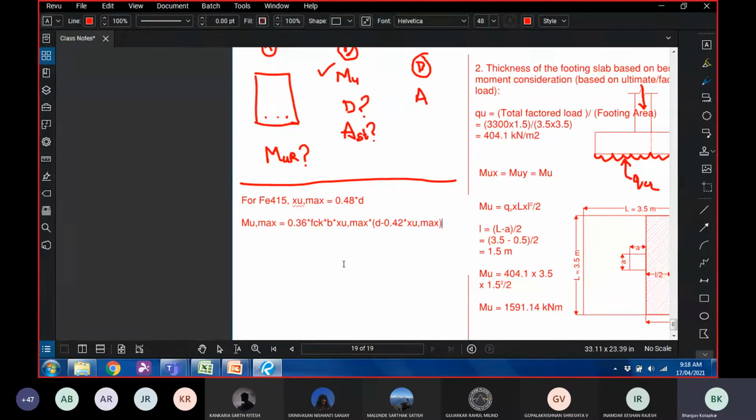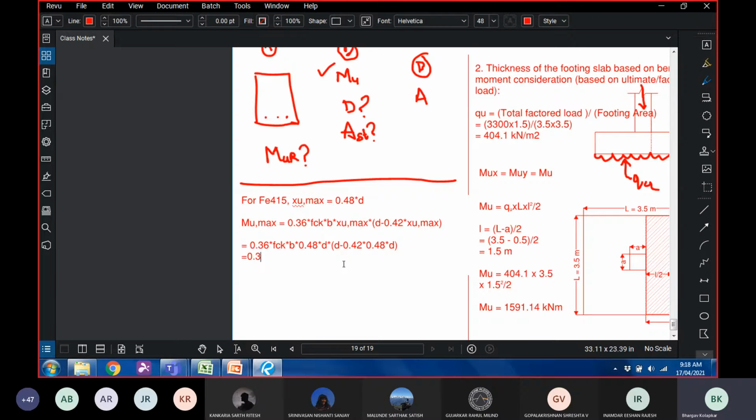Now what we have to do, we have to replace XU max everywhere with 0.48D. So this is equal to 0.36 into FCK into width into 0.48 times D, and this whole thing times D minus 0.42 into 0.48 into D. That's all.